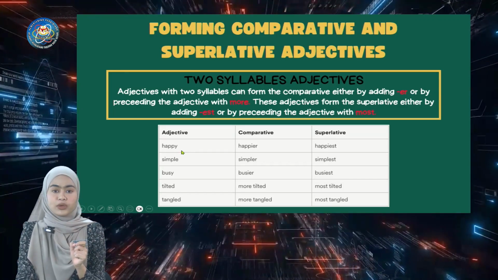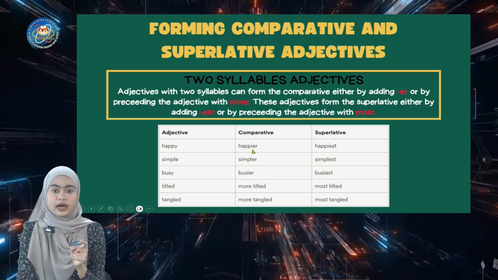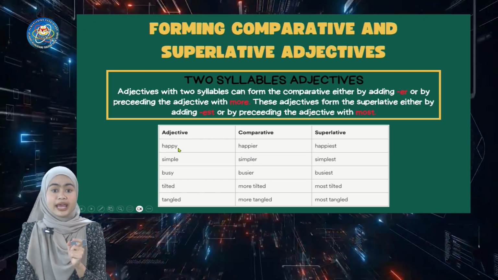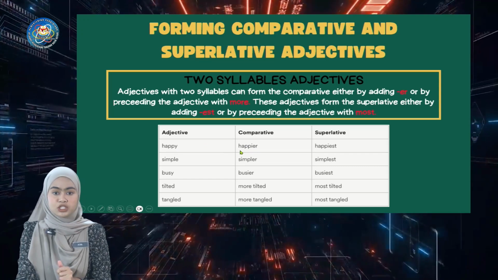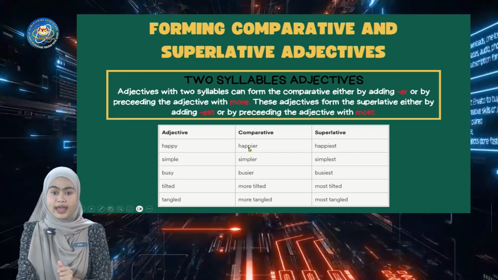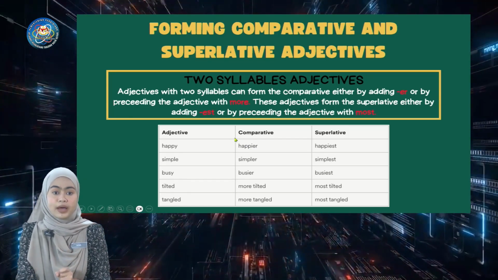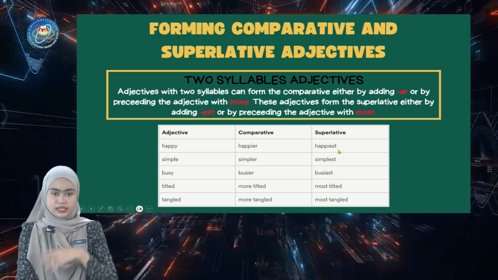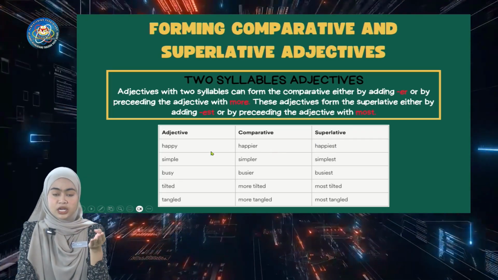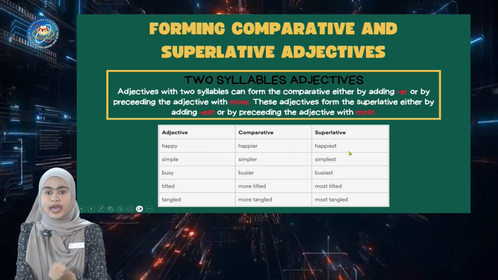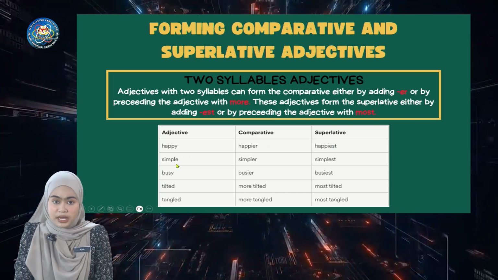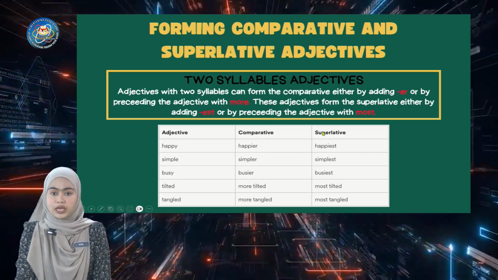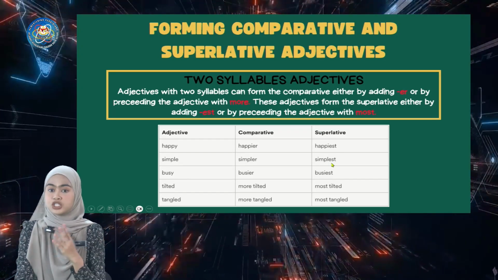Happy: we can add ER, but since happy ends with Y, we need to change the Y to I and then add ER, so it becomes happier. For the superlative we change Y to I and add EST. The same for simple: we add ER, and then EST for the superlative.